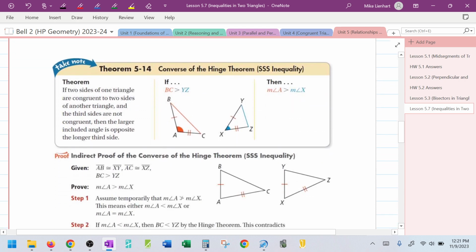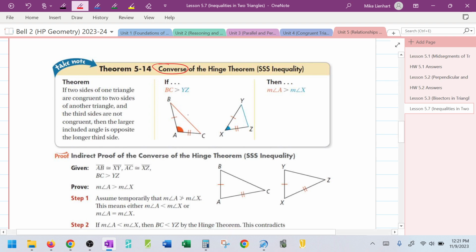As we often see, if we have the Hinge theorem, we also have the converse of Hinge. So if Hinge goes from unequal angles to unequal sides, then the converse goes from unequal sides to telling us the order of the angles, which angles are bigger.